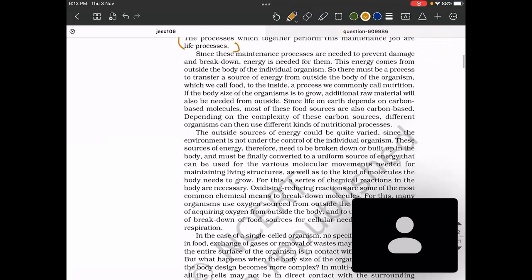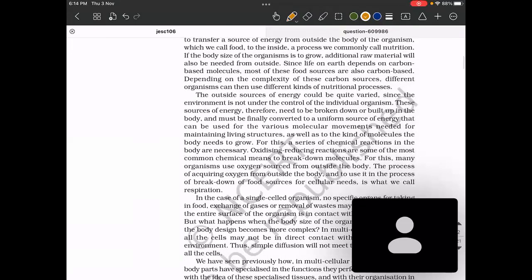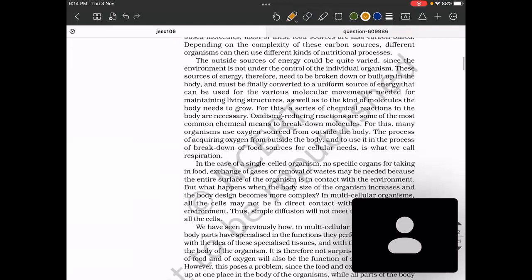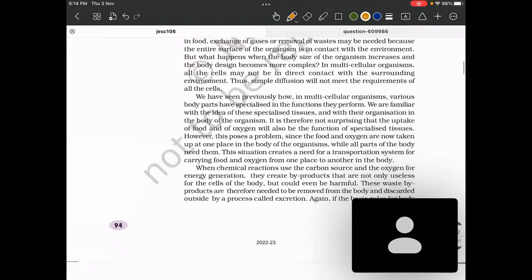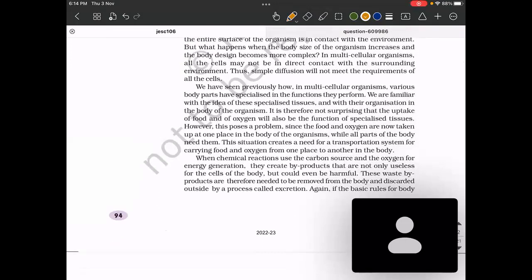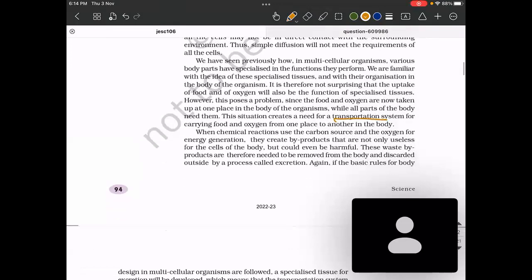And here they are explaining different processes like digestion and nutrition, and then respiration, and then circulation, transportation and circulation, and of course excretion.